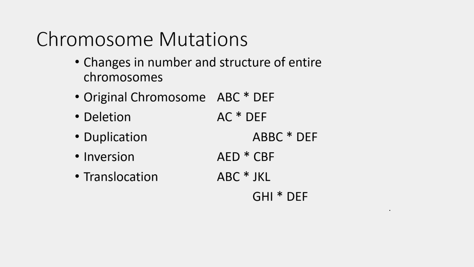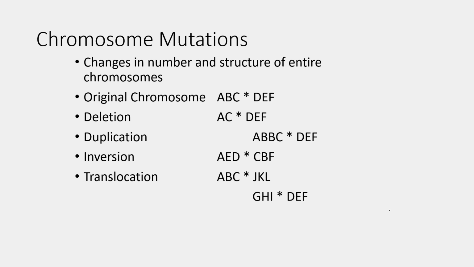In a chromosome mutation, instead of having changes occurring to the individual bases within a section of the chromosome, which is known as a gene, you have whole chunks of the chromosomes with multiple genes that are being affected at the same time. Okay? So it's a more wide scale mutation that can affect multiple different phenotypes at once. Okay?